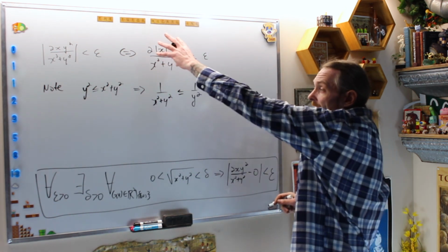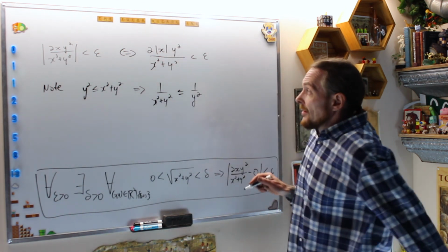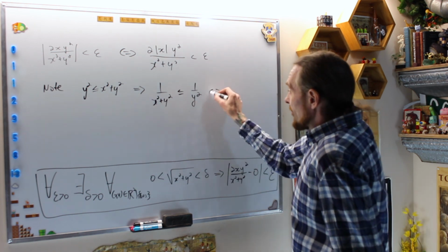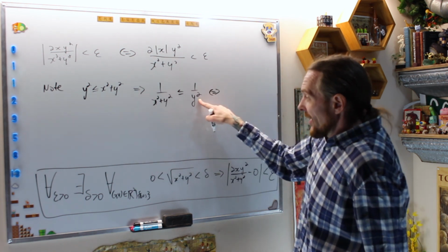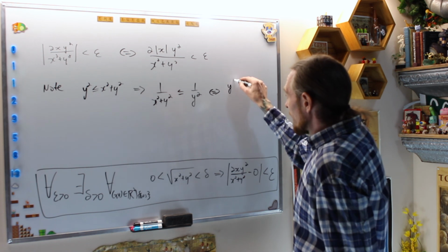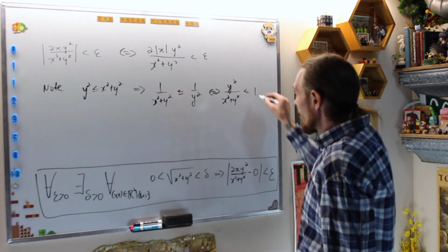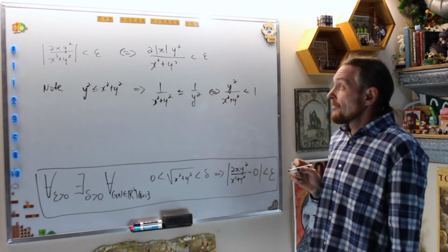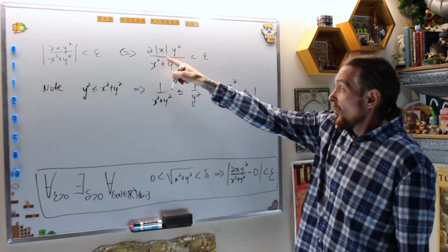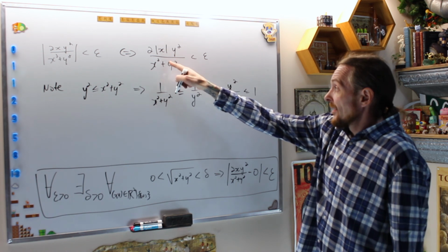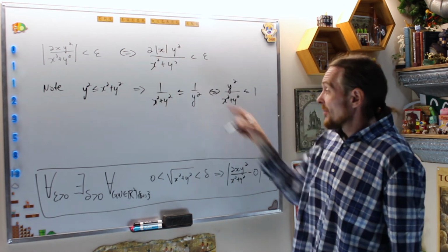Now I build this. What that says is, from this, what you can do is multiply both sides by y squared, which is positive, which won't change the inequality. And that says y squared over x squared plus y squared is less than or equal to 1. And so when I'm building this, I want to multiply both sides by 2 absolute value x.